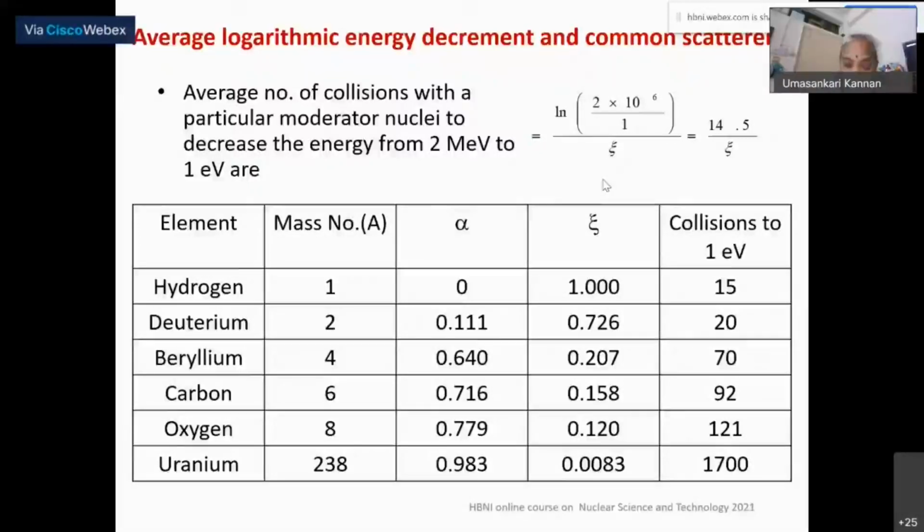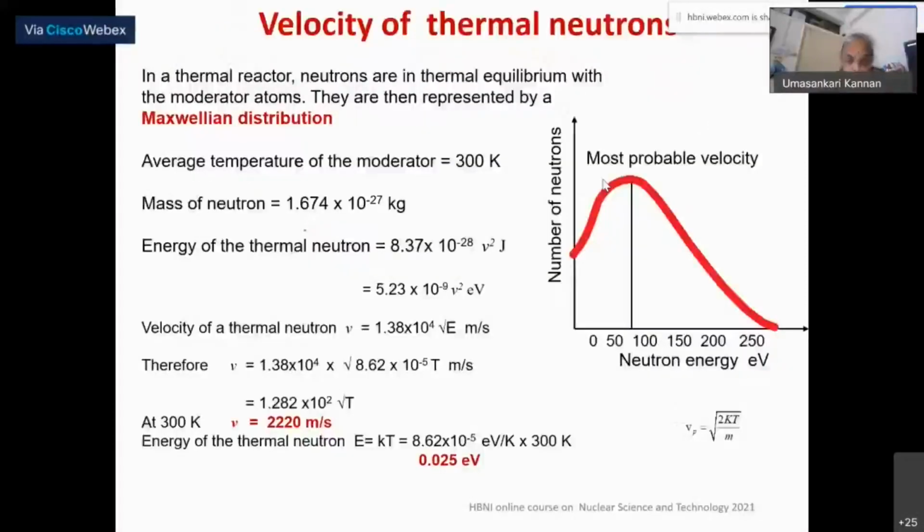It is an elastic collision, and continuously the neutron is losing energy in a chain reacting system, and thereby we have defined a term lethargy, which is a dimensionless quantity depending upon the logarithmic decrement of the energy. Then we defined a quantity, average logarithmic energy decrement, as zeta, and we also found out how many collisions are required for the neutron to lose energy from MeV to the eV region.